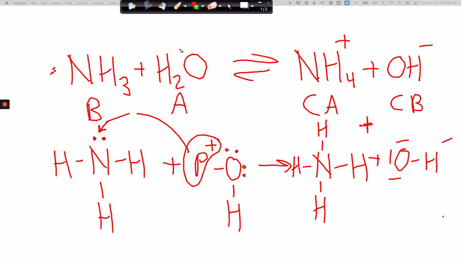Change your focus. You are looking at protons, and that makes the water the proton giver and the ammonia, the NH3, the proton taker. Now change your focus to the electrons. When we look at the electrons, what NH3 is doing is actually donating electrons to this proton, allowing them to bond together. Does that make sense?